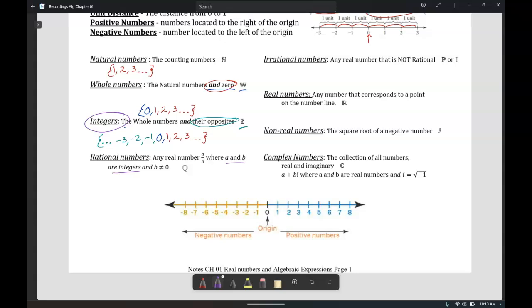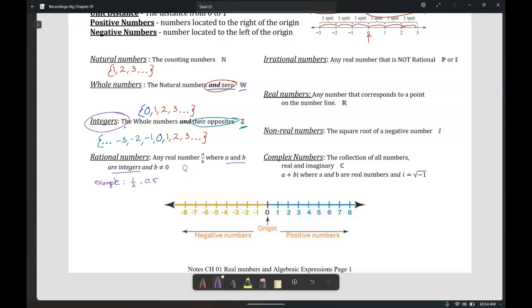There are a lot more values that we could have as our rational numbers, but some examples are, if we take any two integers and form the rational numbers, such as 1/2, or 0.5, which is the decimal version of 1/2.